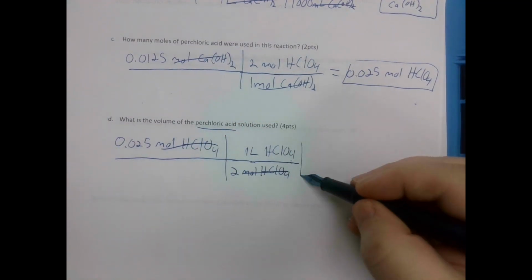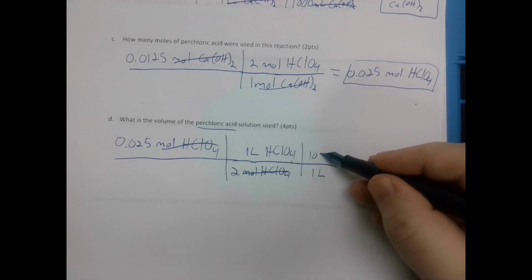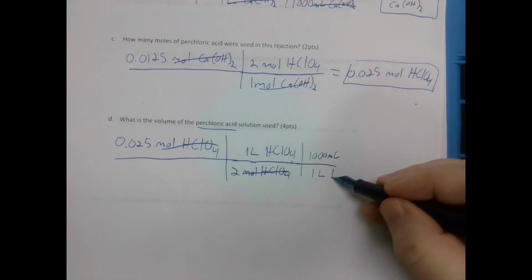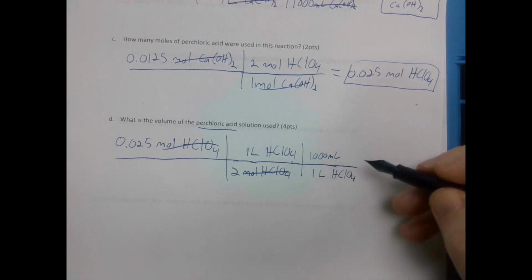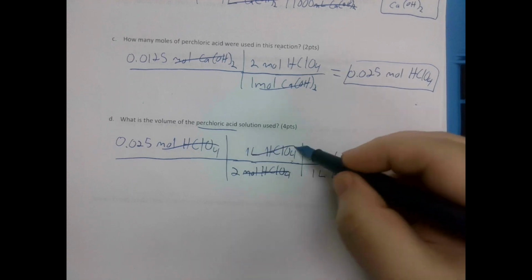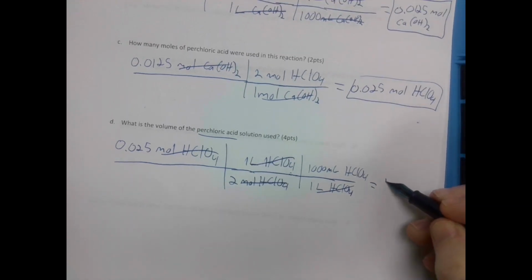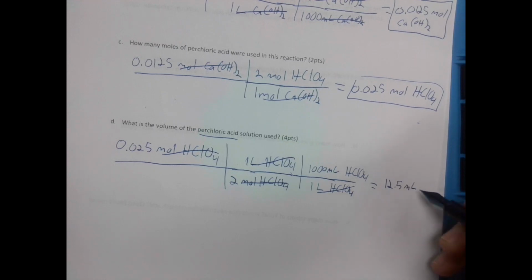How about liters as volume? I'm going to go ahead and do a 1 liter to 1,000 milliliters conversion, because it makes the answer neater. So liters cancel out, and again, milliliters is a volume. So again, the answer is 12.5 milliliters of perchloric acid.